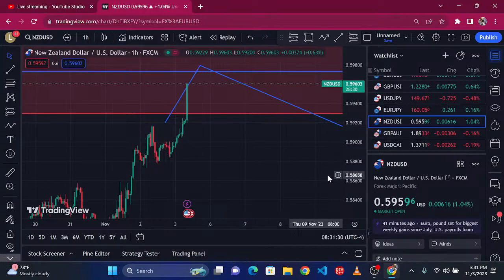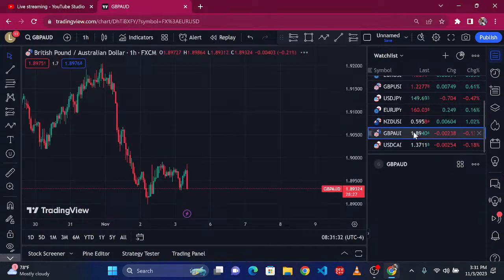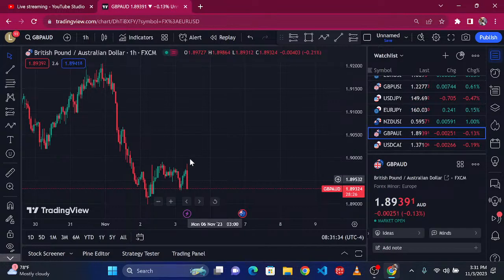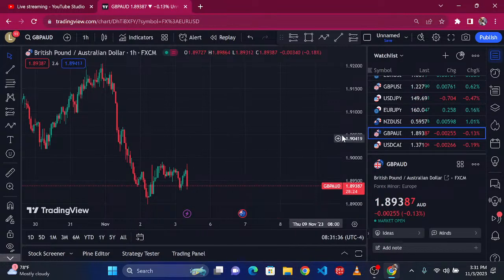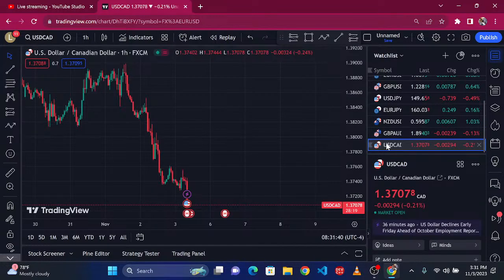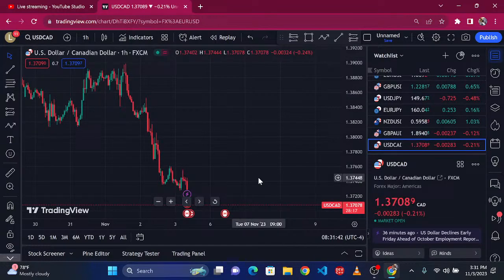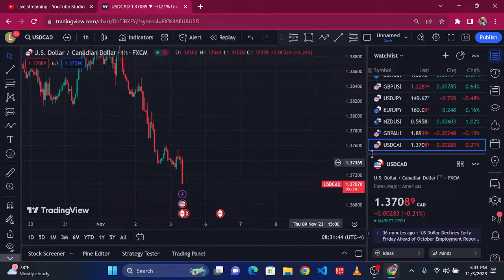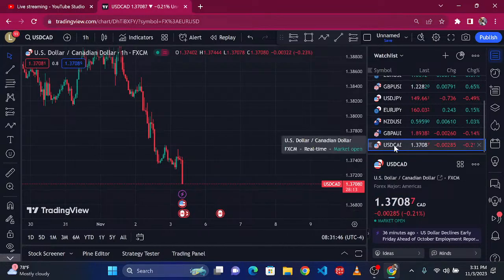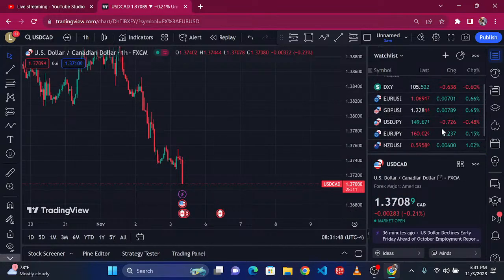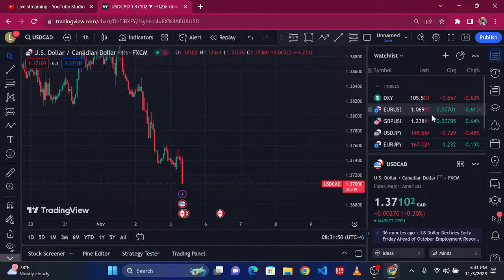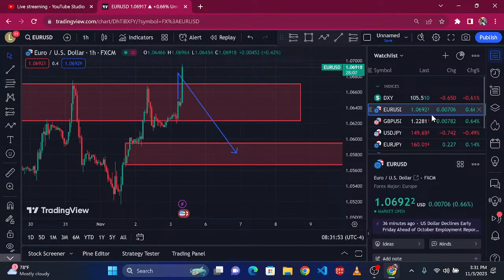GBPAUD hasn't moved very well yet. The USD has reached where I was hoping it would.